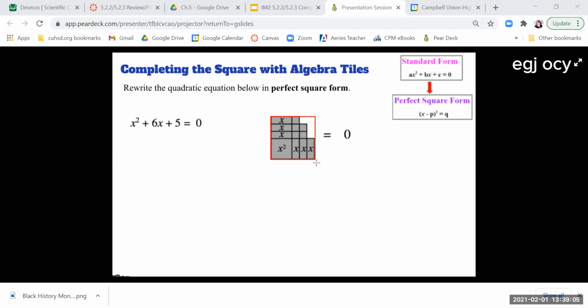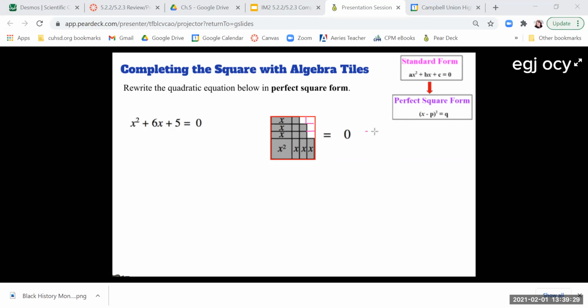So how do we complete the square? We want to figure out that empty space there. How many do we need? If we draw in, extend the lines like this, you can see that we need 1, 2, 3, 4. We need 4 little squares to complete this square.